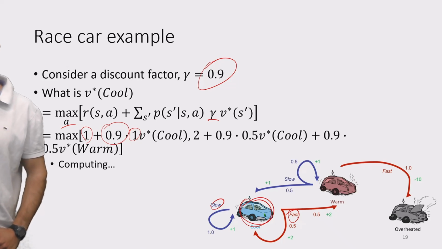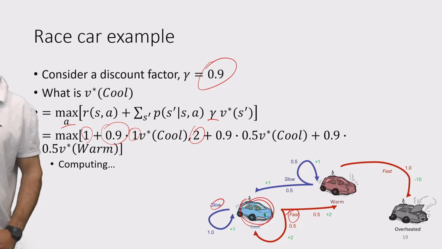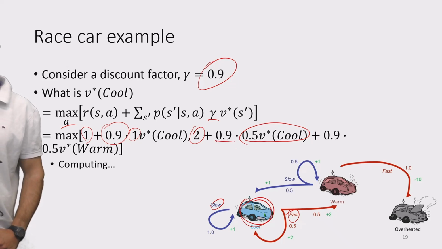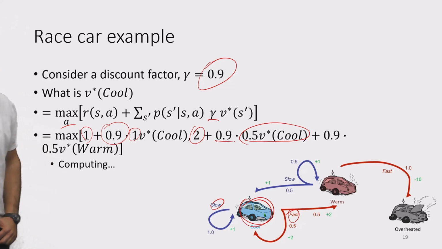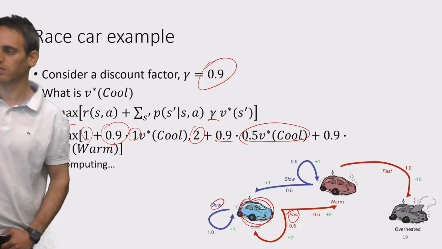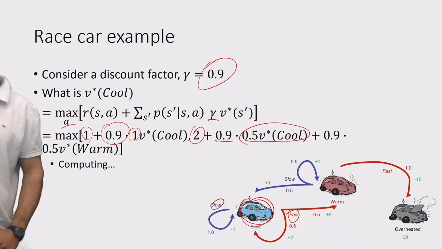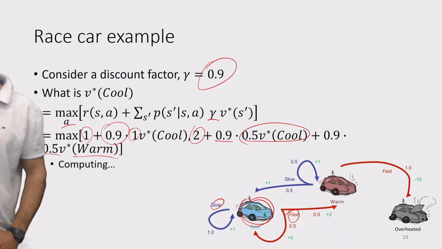If we choose action fast, we'll see an immediate reward of +2. And then there is a 0.5 probability that we'll stay at state cool. And of course, I will take the V star value of that state multiplied by the discount factor. But also there is a 0.5 probability that we'll end up at state warm.